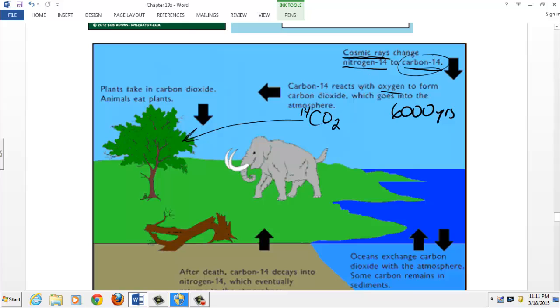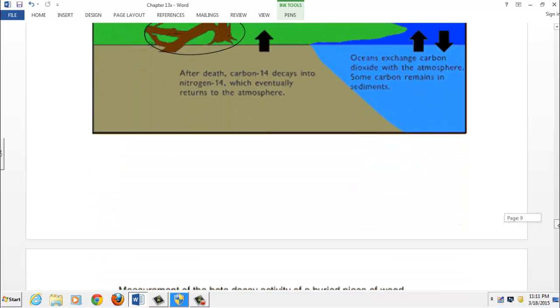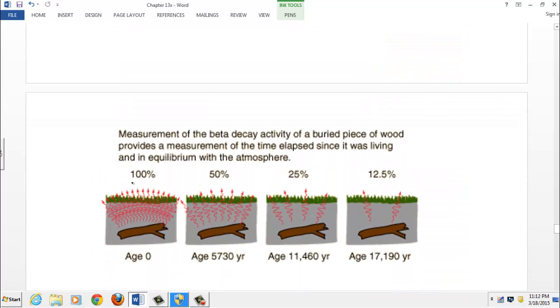Same ratio. And then, when they die, here we got the tree dying here, well, now they can't do photosynthesis. A dead animal can't eat anymore. They don't take in any more fresh carbon-14. So whatever they have at the moment of death, the assumption is that's the same amount of carbon-14 in the atmosphere. So they have 100% in terms of comparing the atmospheric quantity of carbon-14 to their own bodies, or in this case, the remnants of that tree.